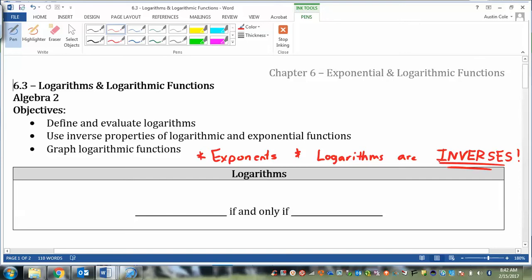So they undo each other. Just like squaring and square rooting are inverses, or adding 7 and subtracting 7 are inverses, exponentials and logarithms are inverses of each other.